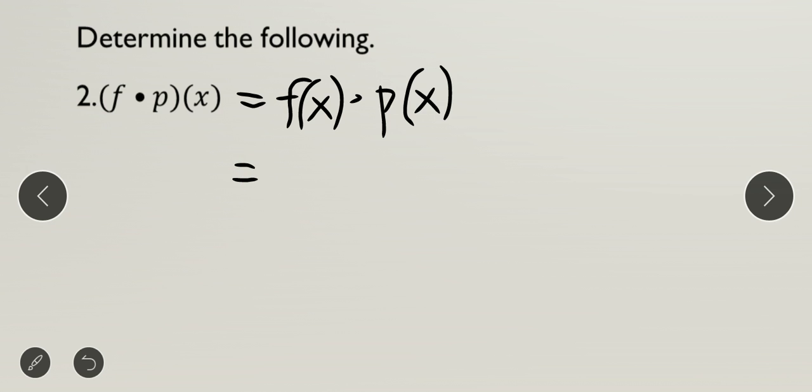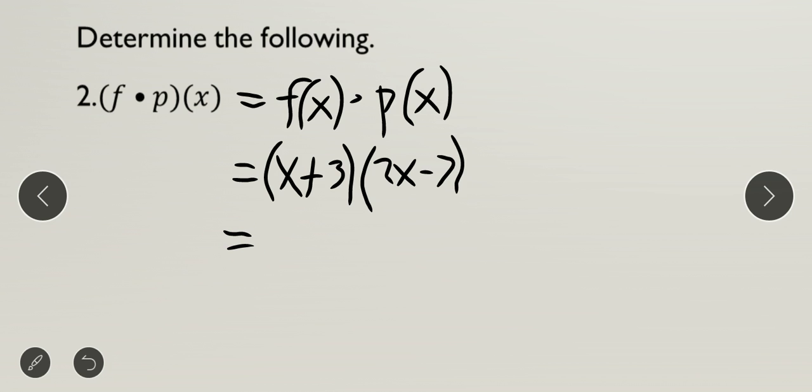Now substituting the corresponding function for f(x), that would be x plus 3, but make sure to enclose that by a parenthesis, just to denote that we are going to multiply the two functions, and p(x) is equal to 2x minus 7.